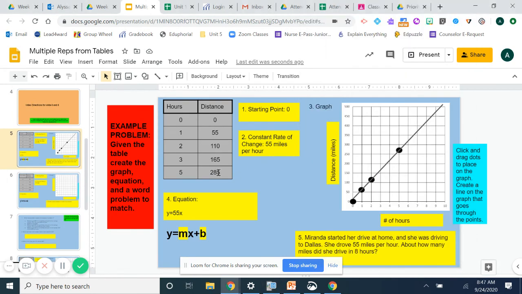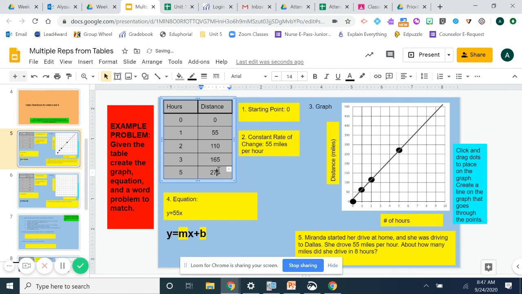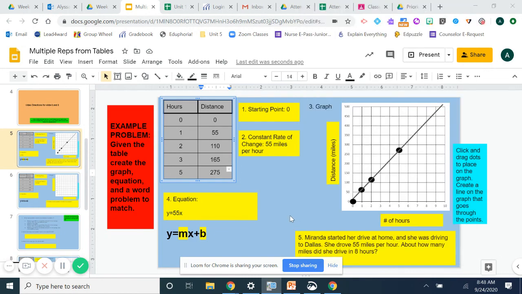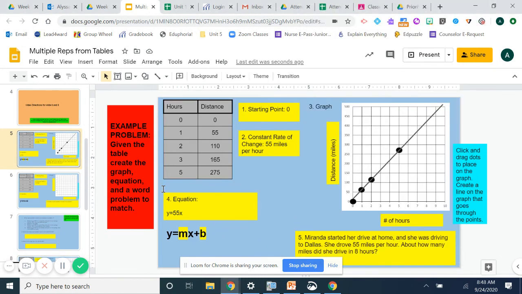Okay, that's fine. I will just change my table to 275. Okay, and so on. So by 8 hours, my estimation was kind of correct. I said at 8 hours she was at 425 miles, and the table says 440, which is pretty close to what I had guessed. So that is what you are going to be doing today.